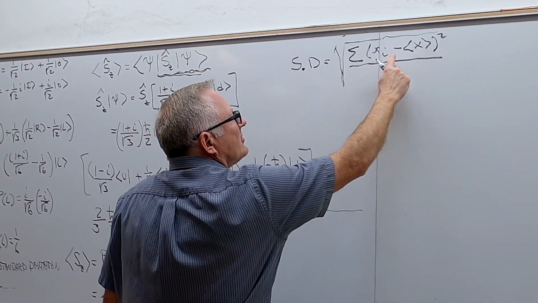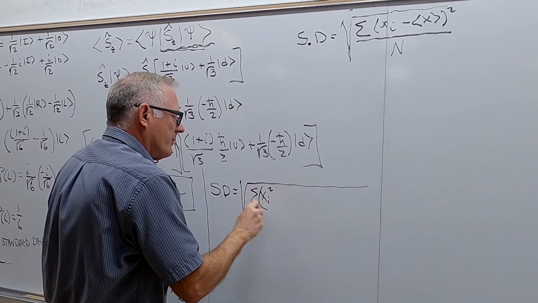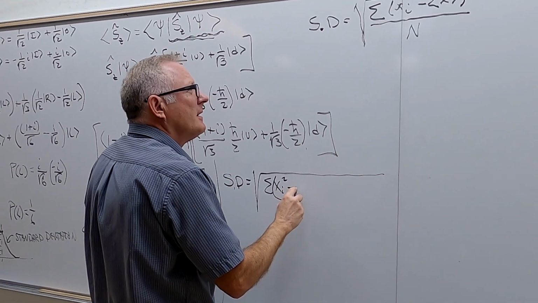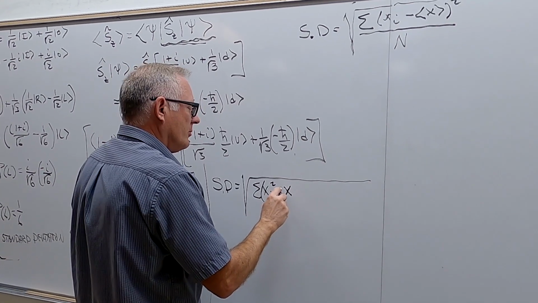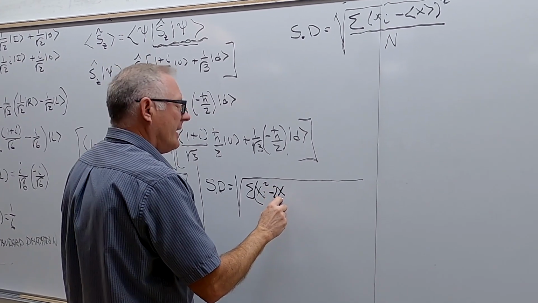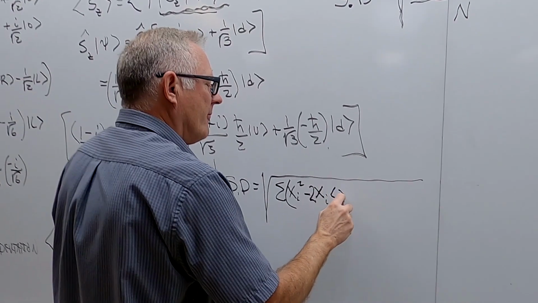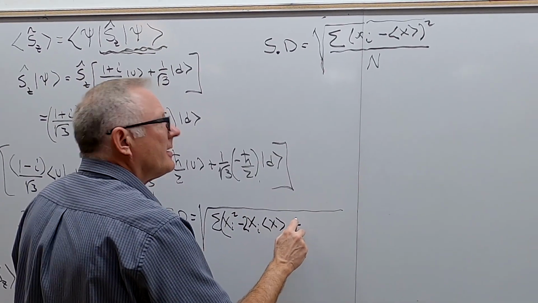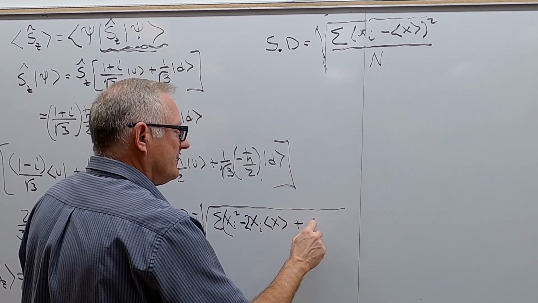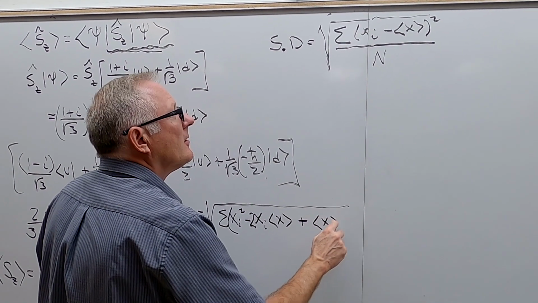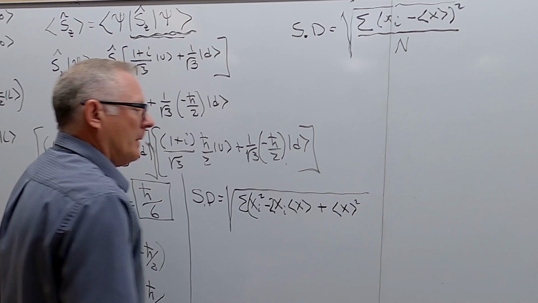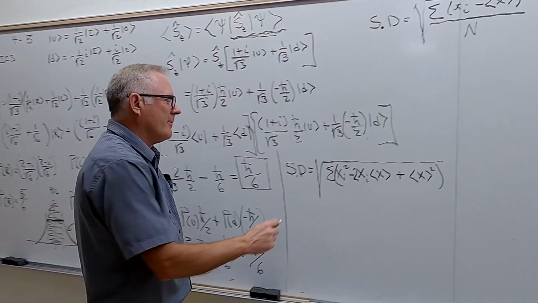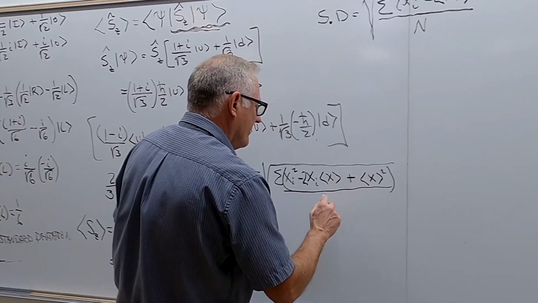Then the middle term is minus 2 x sub i times the average of x, just squaring that out. And then the last term is just plus the average of x, squared. Okay, so I just squared that, and you're dividing it by n, how many terms.